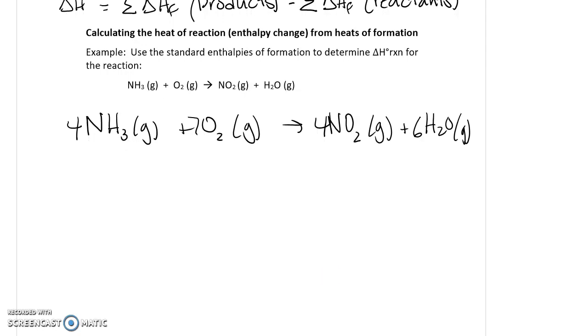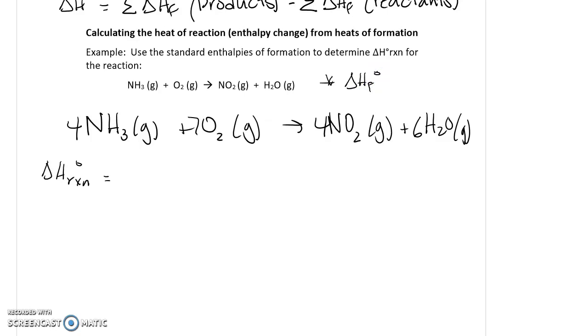First, we're going to write out our delta H for our reaction. Here, we know it's going to be the products minus the reactants. But what do we have to know first before we do the calculation? We have to look up our standard heats of formation in the table.